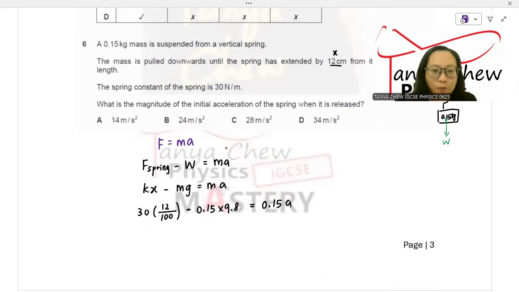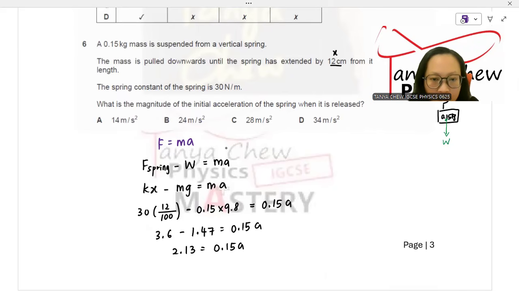So I'm going to do it one by one. 30 times 0.12 is equal to 3.6 minus 0.15 times 9.8. That gives you 1.47 is equal to 0.15 a. So 3.6 minus 1.47, you get 2.13 is equal to 0.15 a.